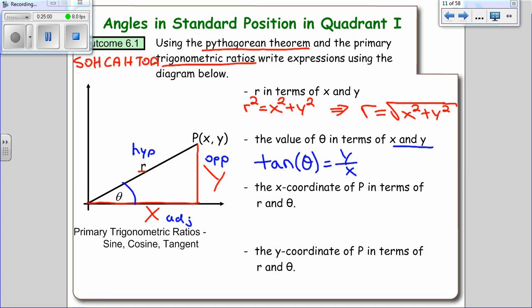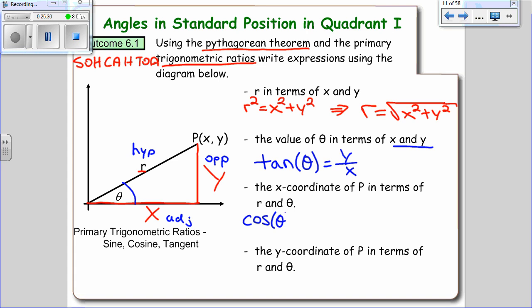The x-coordinate. So if I ever gave you something and I said, what's the x-coordinate of this? And you knew the angle and the radius. And I said, what's x? You would use SOHCAHTOA, right? You would use adjacent to hypotenuse, which would be cosine. And you would say the cosine of theta equals the adjacent over the hypotenuse, which is x over r.